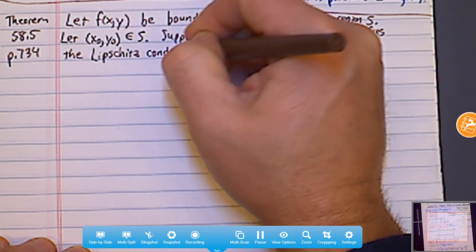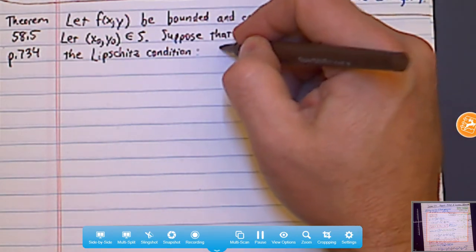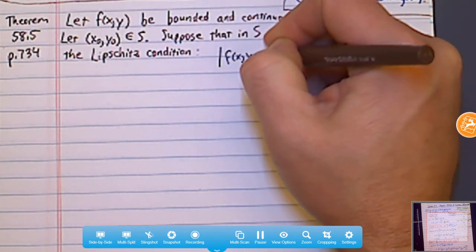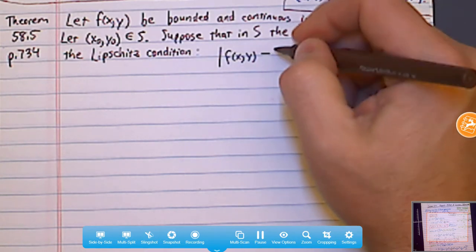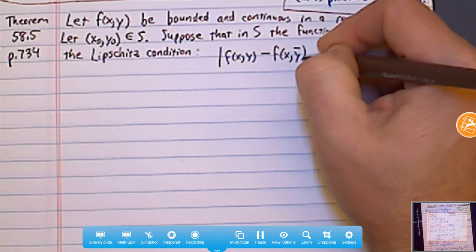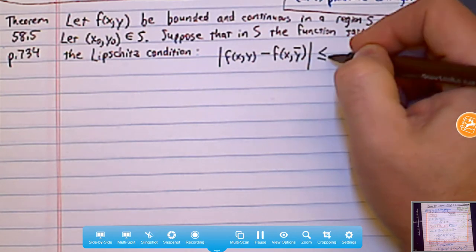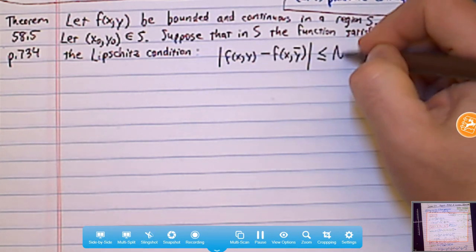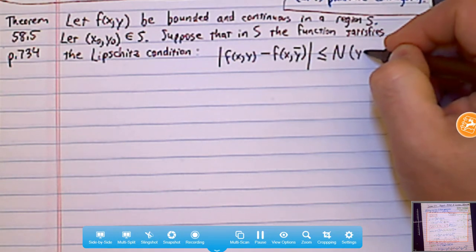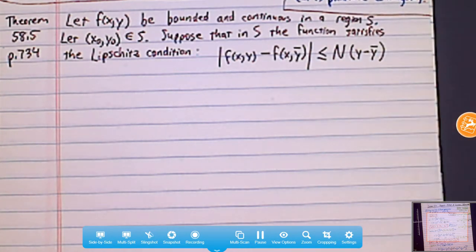And the Lipschitz condition would be the absolute value of f of x comma y minus f of x comma y bar is less than or equal to N times y minus y bar. Whoa.